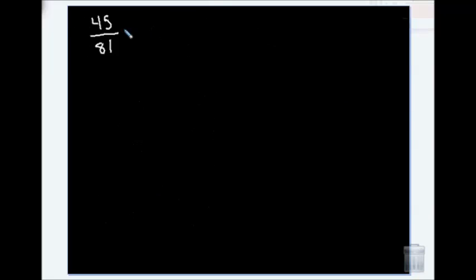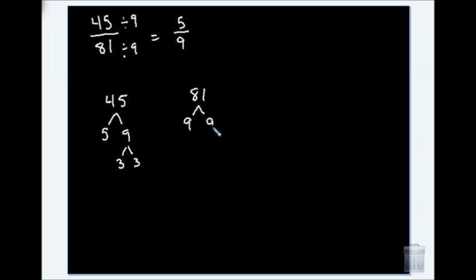Okay, 45 and 81 will both divide by 9. If you didn't want to do it that way, if you wanted to do the factor tree method, and this is a good example because it'll tell me what happens when I have things that don't cancel, but not just one.